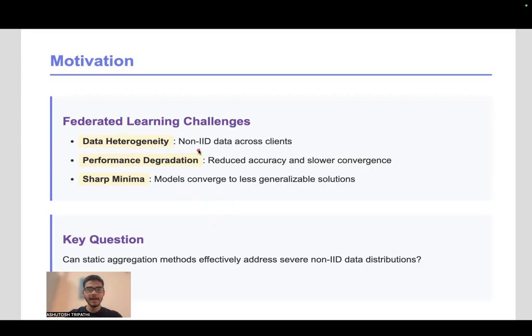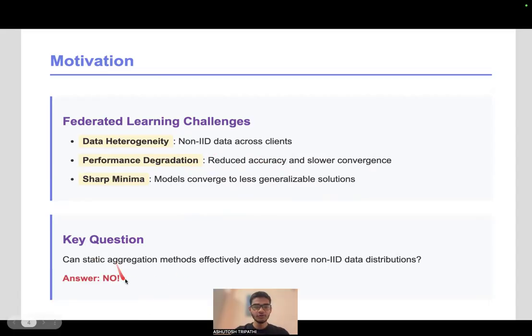We have non-identically distributed data across clients, that is, non-IID data, or non-independent and identically distributed data across clients. Because of this, we see performance degradation of the global model and much slower convergence. We also reach very sharp minima, which indicates the model is converging to a less generalizable solution, right?